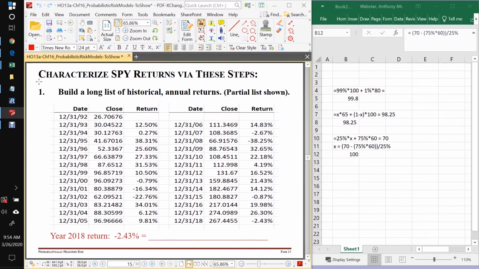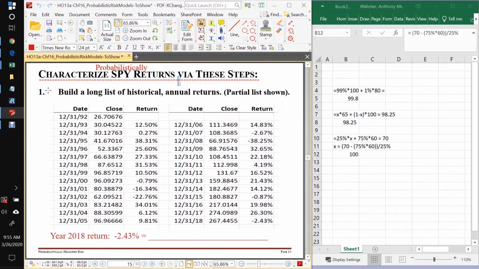We're going to characterize the returns of the SPY via these steps. And what I mean by characterize is characterize probabilistically. That's our whole goal here: we want to do something analogous to what we did with the cash flows of the bonds that we looked at before that were Bernoulli distributed. These are going to turn out to be normally distributed.